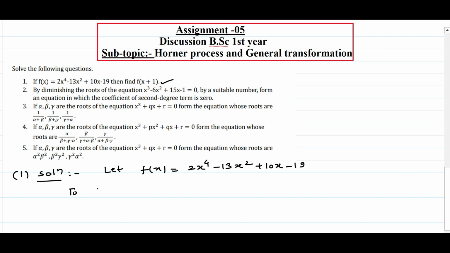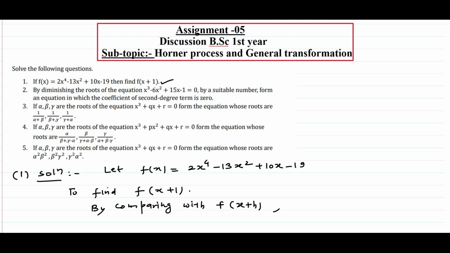So to find f(x + 1), we can write by comparing with f(x + h), our value of h is 1.